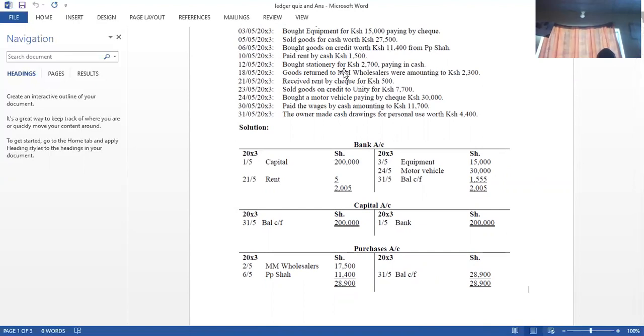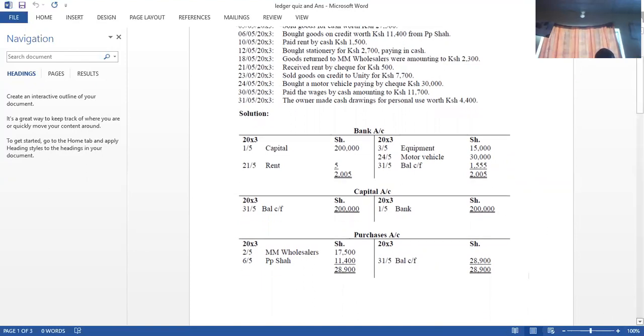When we are returning these goods back to MM, it simply means that the amount we are supposed to pay him is reducing. So we are going to debit MM wholesalers by 2,300, and then we credit purchases returns or return outwards. You'll find this case being illustrated here.